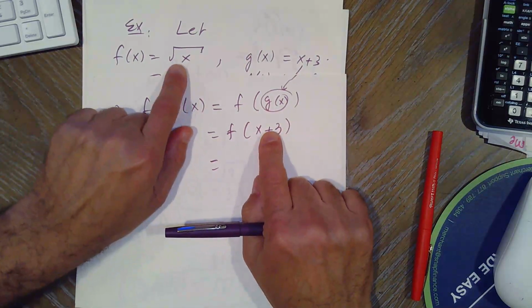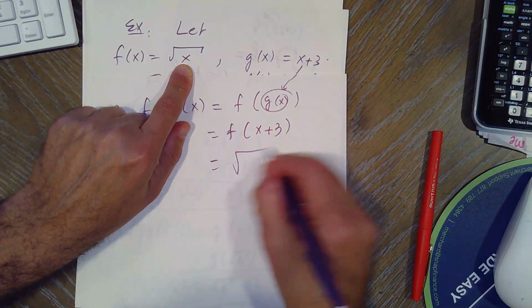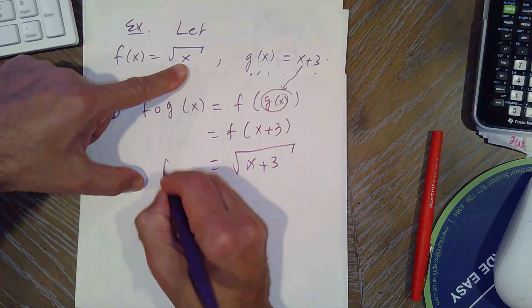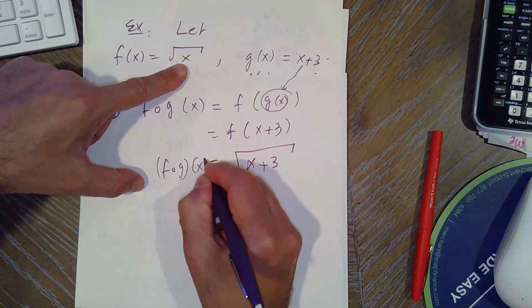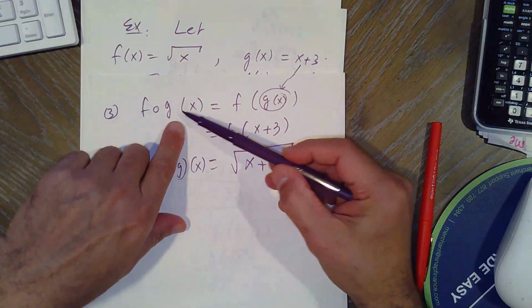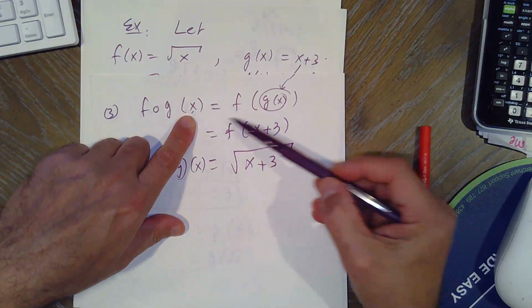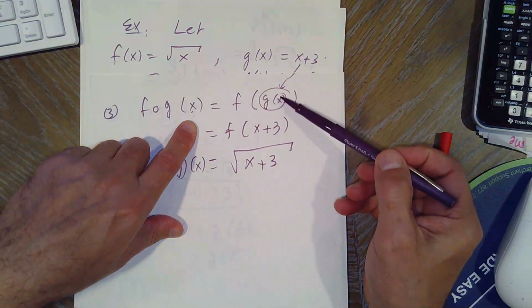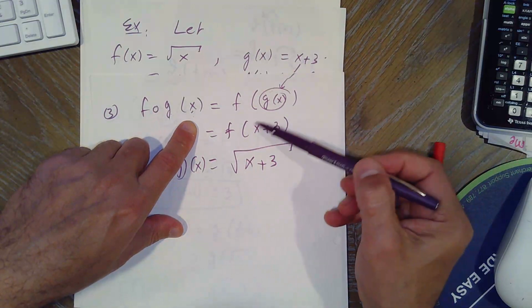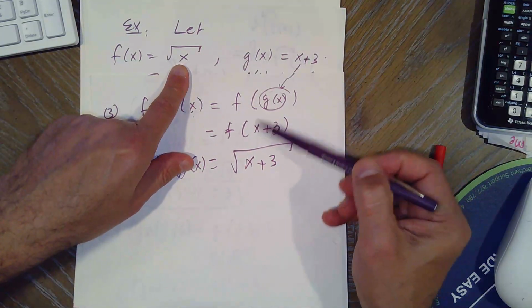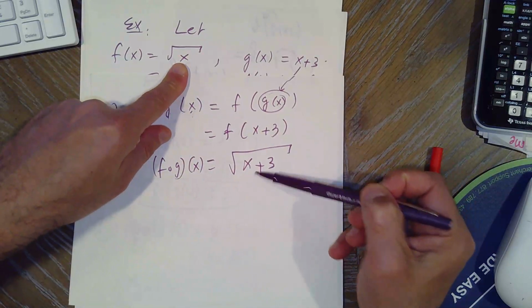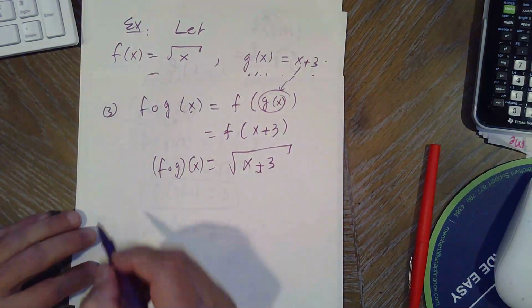So x plus 3 is going to overtake x. It's going to be square root of x plus 3. Again, the closer function to the letter goes first. g of x is x plus 3. We're going to input all of x plus 3 in there, and that's what we end up with. No numbers to plug in.